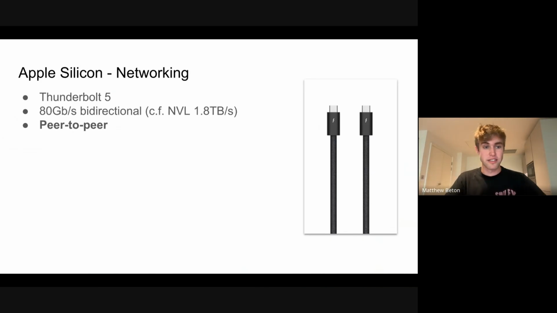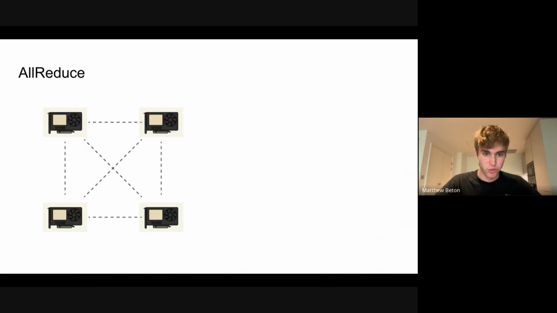They provide 80 gigabits per second bidirectional, versus the nearly 2 terabytes per second of NVLink, which is pretty different. And again, they're peer-to-peer, which is very different to what we get with the NVIDIA chips.